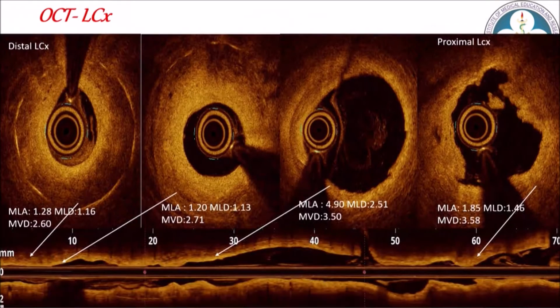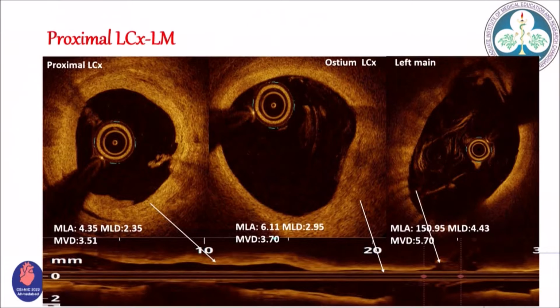Next. And we did the OCT, which showed the diffuse proliferative in-stent restenosis, and it's an atherofibrotic lesion. You can very well appreciate in the distal LCX, the atheroma and also the homogeneous fibrosis. Next.